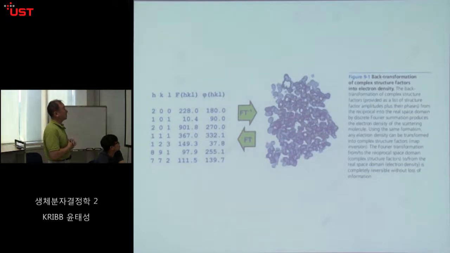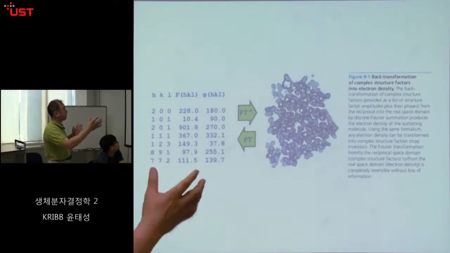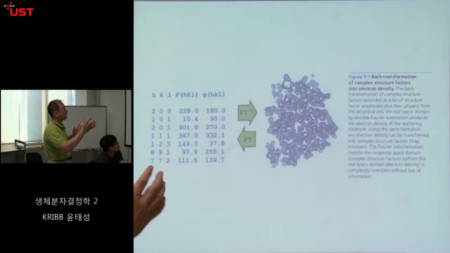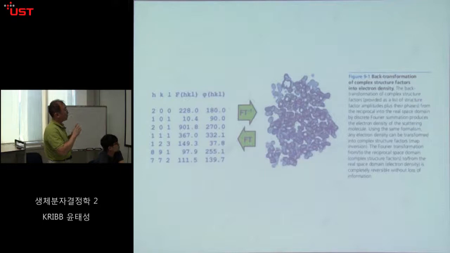Okay? Then why are we saying that for the right side, electron density, we need to distinguish its function and its presentation. Here, what we are actually looking at is not the function itself.